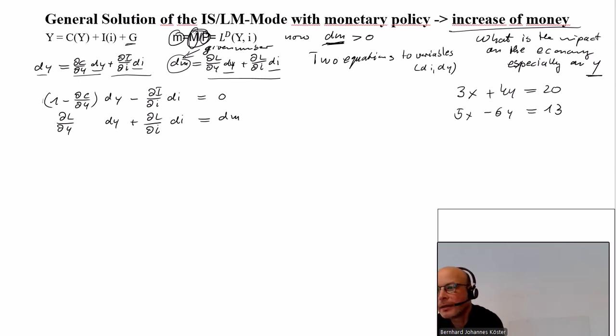Within our linear system of two equations in two variables, we want to get rid of the variable di. In this case, what do we have to do if we want to get rid of the y? I think you have done something like this in school and in your introductory course.